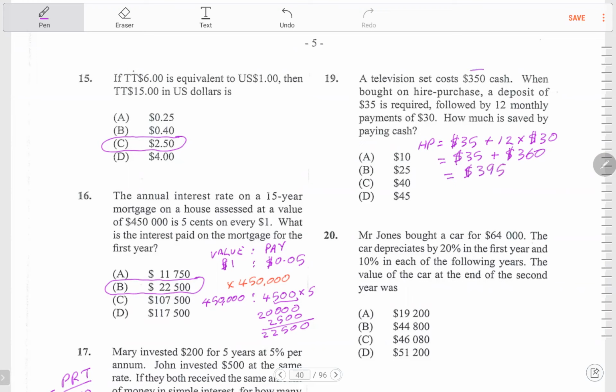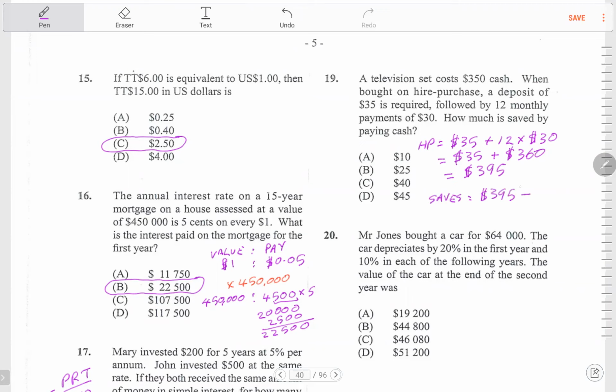So the cash price is 350. Then the amount saved, he saves 395 minus the cash price of 350, which clearly is $45. So he saves $45. All right, easy as that.